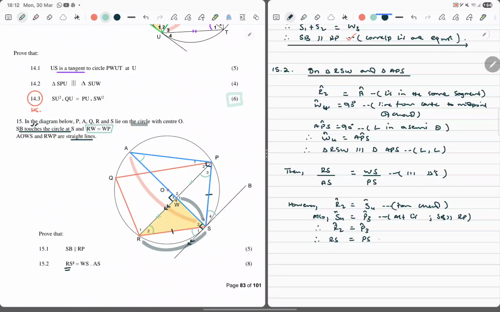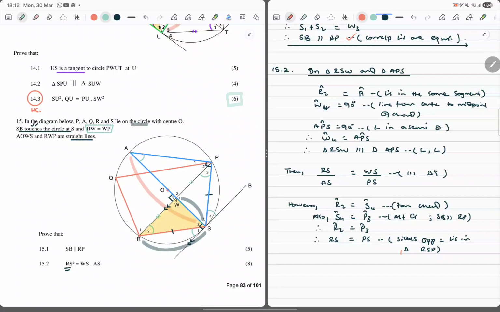All right. Now, what is the reason here? These are the sides opposite equal angles in triangle RSP.